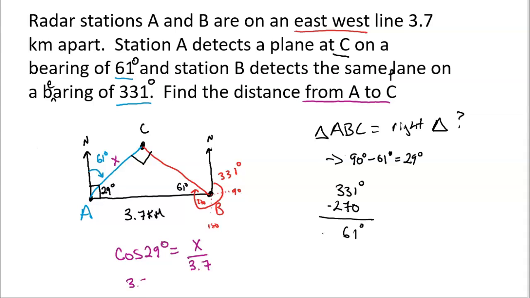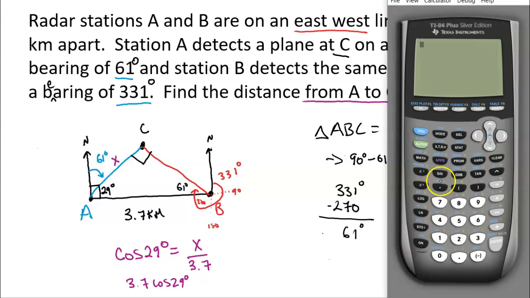Calculator ready, I can plug this in: 3.7 times cosine of 29. Go ahead, bring up a calculator. First, make sure we're in the correct mode. I see that we are in degrees. Wonderful. So I'm going to type in 3.7, then cosine, 29, and close my parentheses.